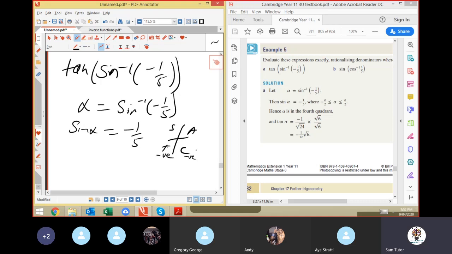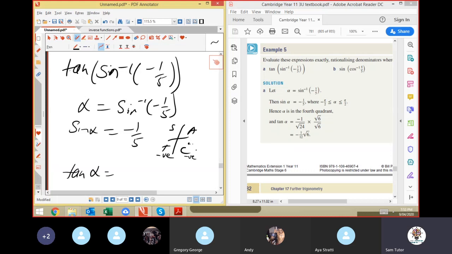So it's in these two regions. You know that your angle for your inverse sine lies between negative 90 and 90 degrees. So it lies somewhere here. And if you're tanning alpha, of course it's going to be negative.